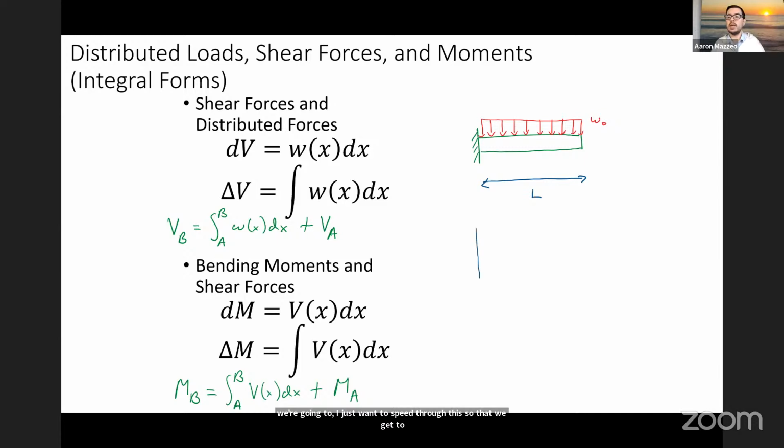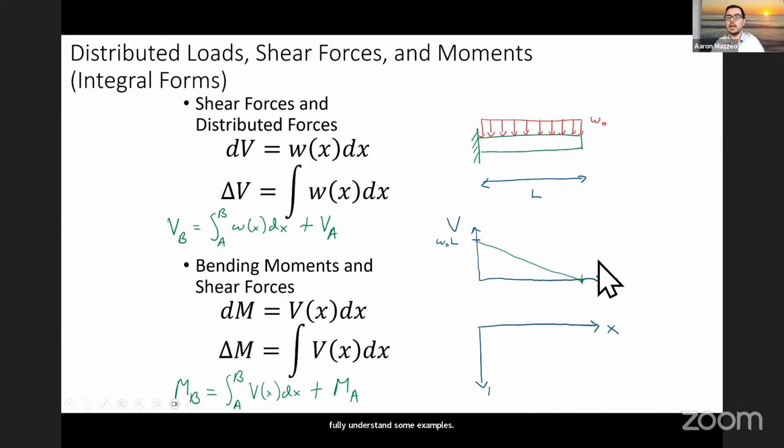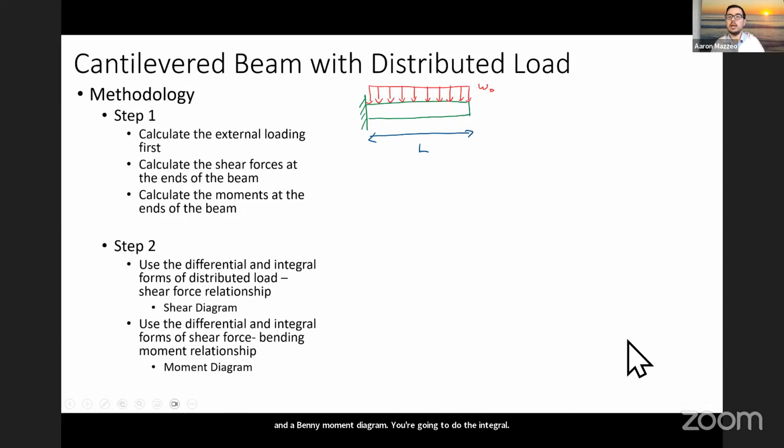Once again, if you're going from the problem to a shear force and a bending moment diagram, you're going to do the integral technique. Let's take a look at a cantilevered beam with a distributed load, which is actually what we've been looking at already.